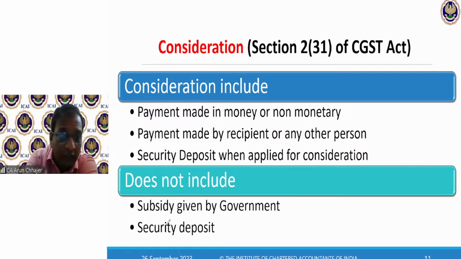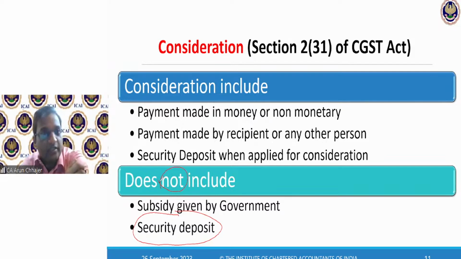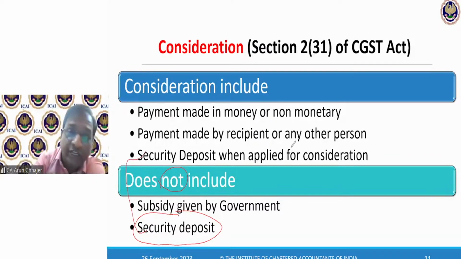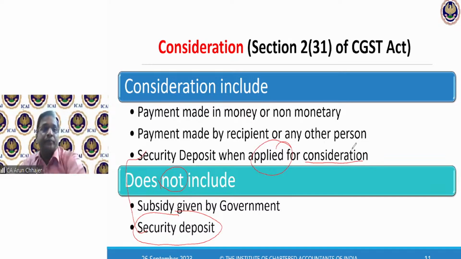Please note, security deposit is not consideration. But if the security deposit is applied for consideration, what is the meaning? I'm explaining with an example. I have taken one property on rent for my office purpose.